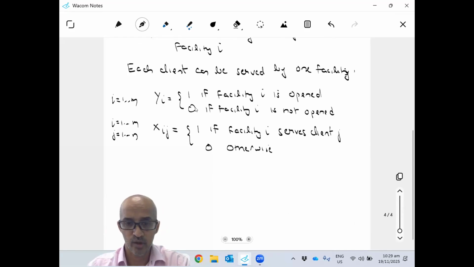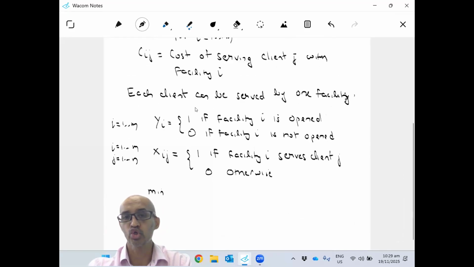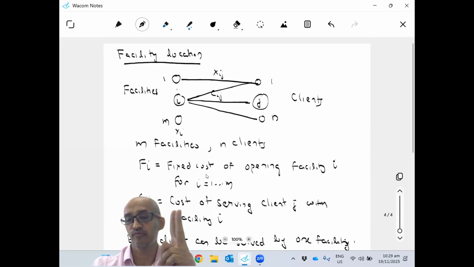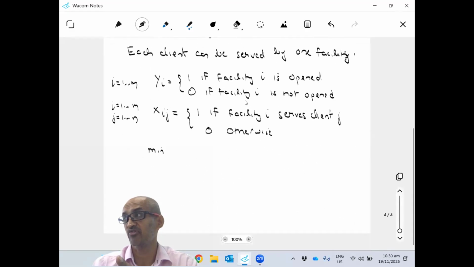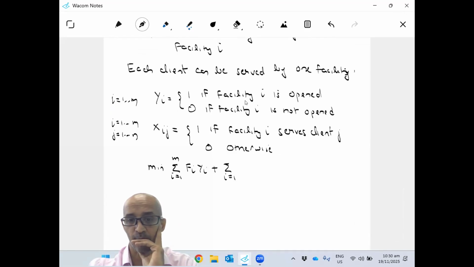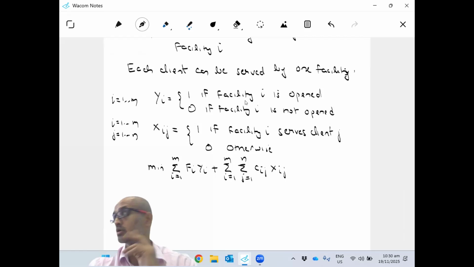optimization problem. I want to minimize total two types of costs: cost of opening facilities, and cost of serving clients by facilities. So I want to minimize the summation i going from 1 up to m of fi yi plus the summation i going from 1 up to m, j going from 1 up to n of cij xij.